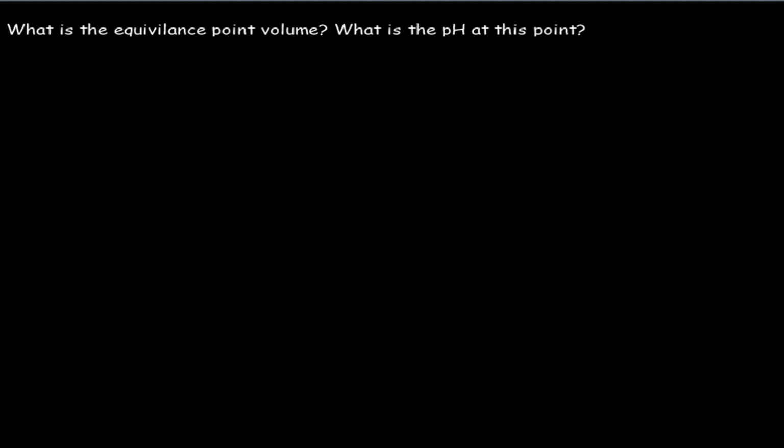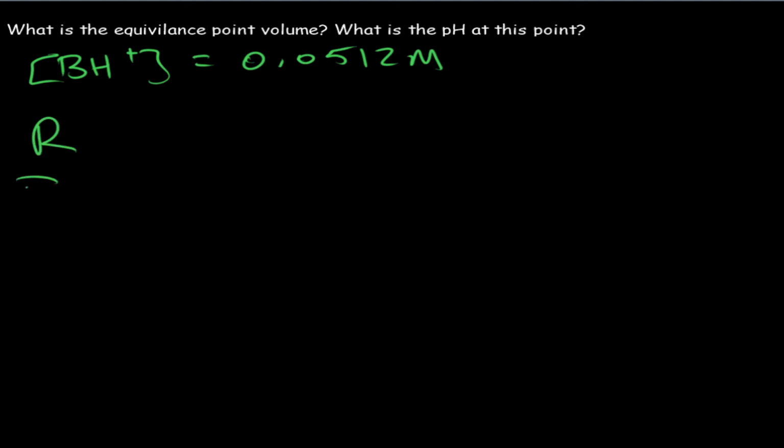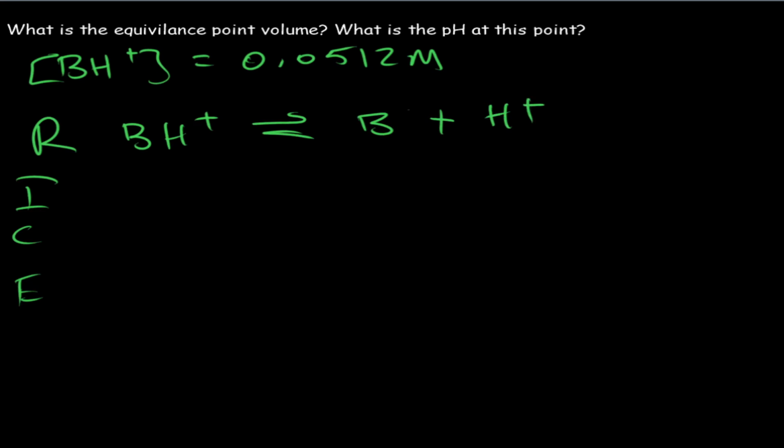And now we have to figure out what the pH of that weak acid is. So to figure out the pH of our weak acid, we have to do a RICE table. So what is the reaction of our weak acid? Well, the weak acid is simply just going to dissociate into its conjugate base and a free proton. Our amount of our weak acid is 0.0512 molar.